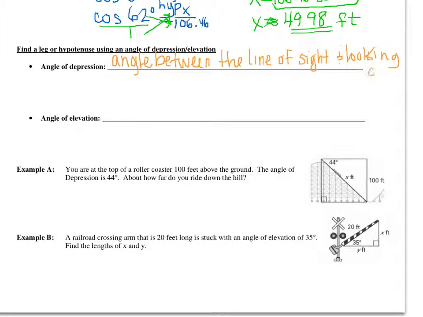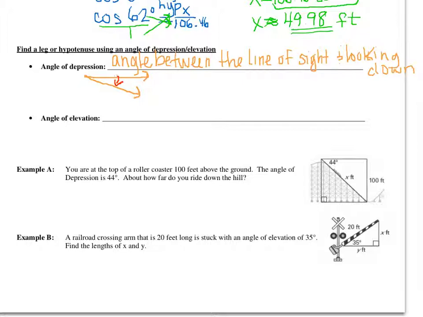If you were looking straight ahead, and you moved your head so that you were looking down, this angle right here would be your angle of depression.